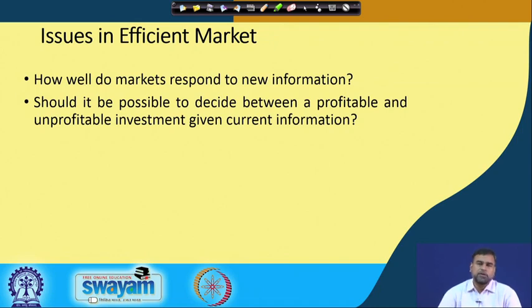Any new information comes to the market: the Reserve Bank of India governor has announced something, any policy measures have been taken by the finance ministry, or any crisis has happened in the US market, because financial markets are highly integrated with the global market. So, anything which has happened in the global community, any particular information which comes to the market, how well the market is equipped to respond to that information.